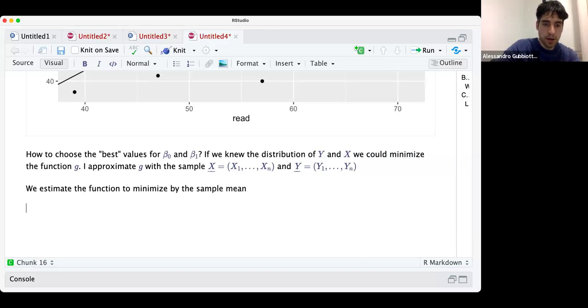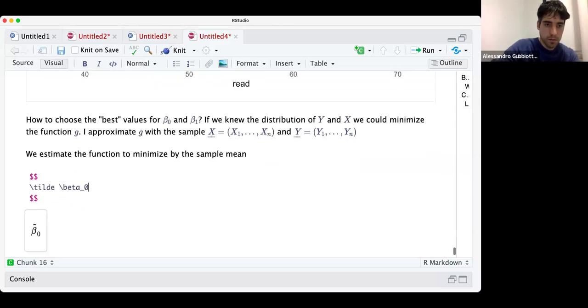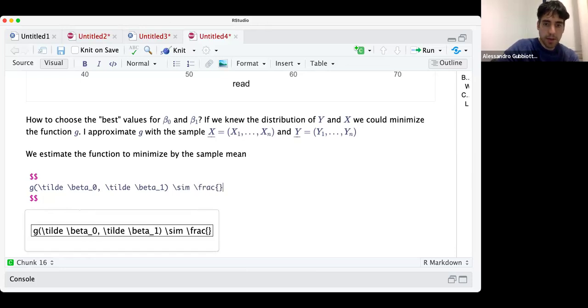So g of tilde beta 0, tilde beta 1 is approximated by the sample mean.